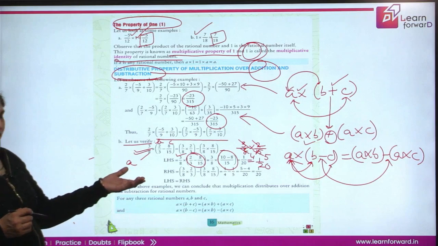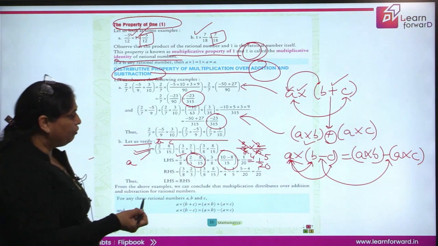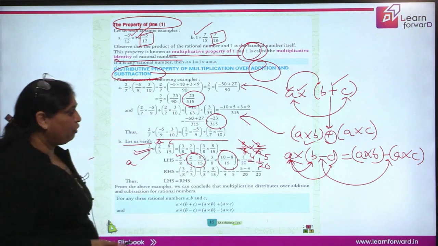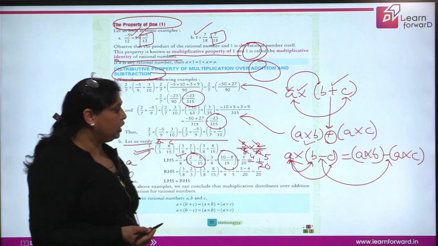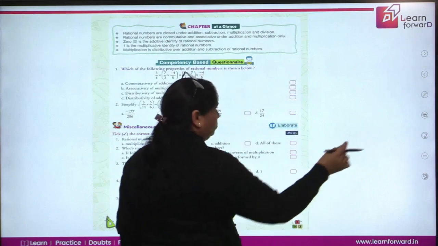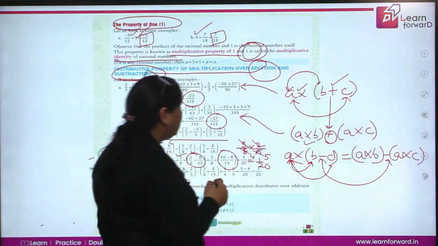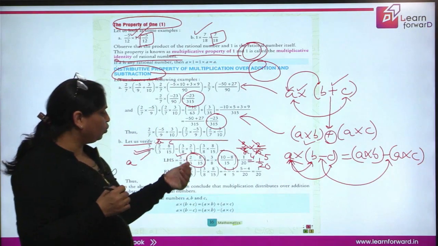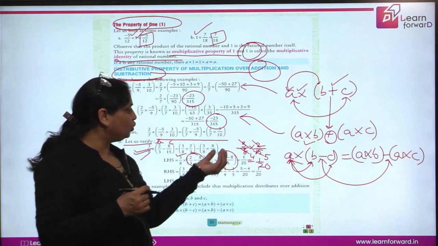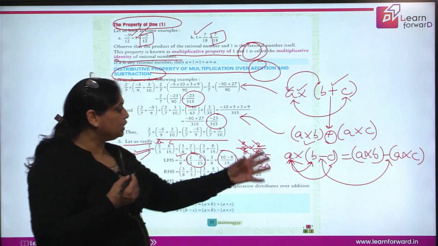Let me verify once again. 3 upon 8, 2 upon 3, 8 upon 15. After solving the bracket, 10 minus 8 upon 15 is 2 upon 15. I am multiplying 3 upon 8 by 2 upon 15. I am getting answer 1 upon 20.